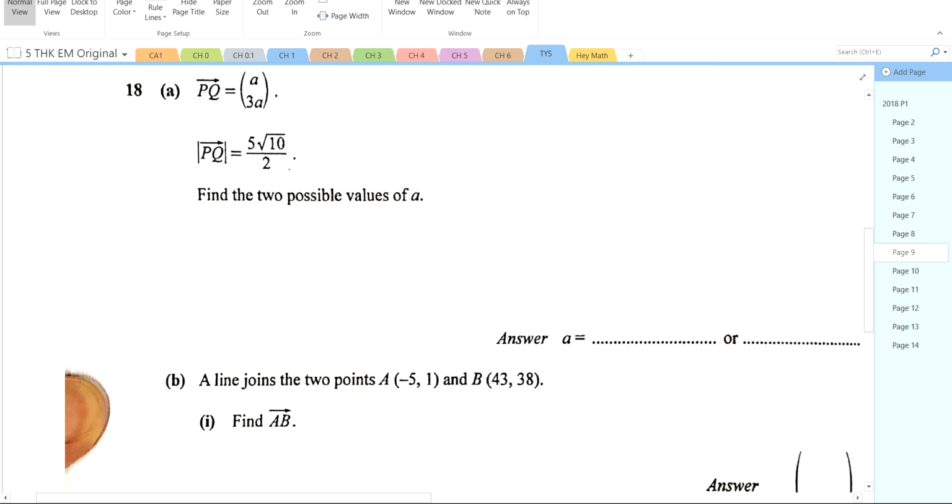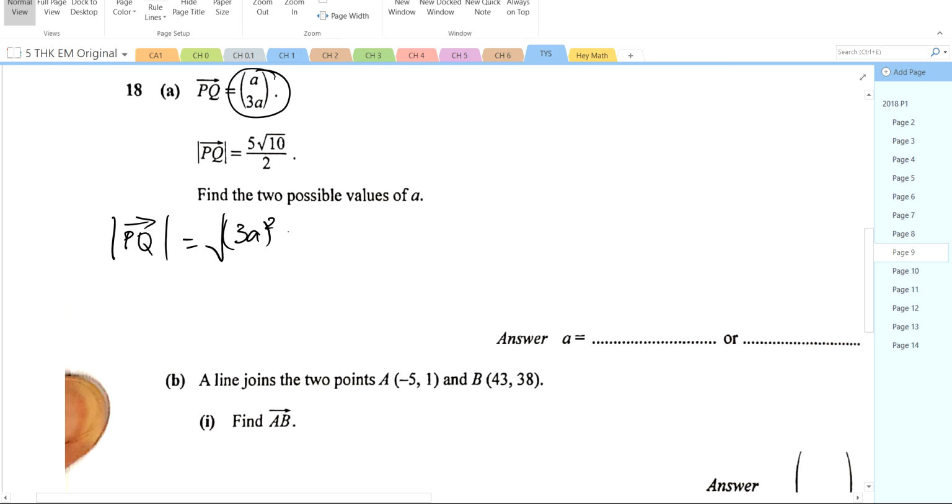Okay so far? So if I give you just PQ equals to a and 3a, you are expected to be able to write down the magnitude, which is magnitude of PQ equals to square root of, with a bracket, right?